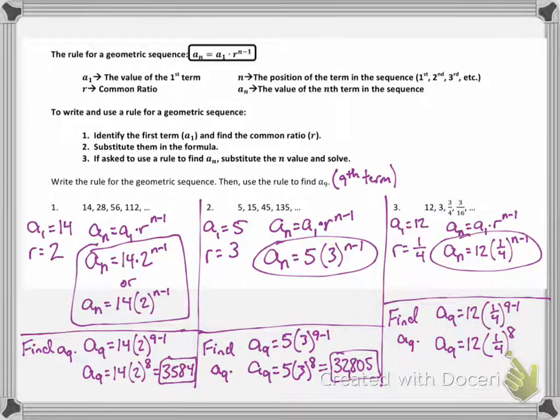If you have a common ratio that's between 0 and 1, you are going to get very small answers, because you're multiplying a fraction by itself that many times, which makes it incredibly small. If you plug this into your calculator, you'll probably see that magical E that a lot of you have forgotten about because you haven't had to do scientific notation in a whole bunch of years. The answer you're given is written in scientific notation. I believe it's 1.83 blah blah blah E negative 4.